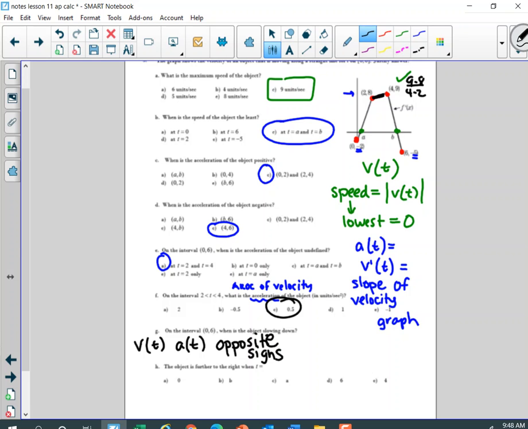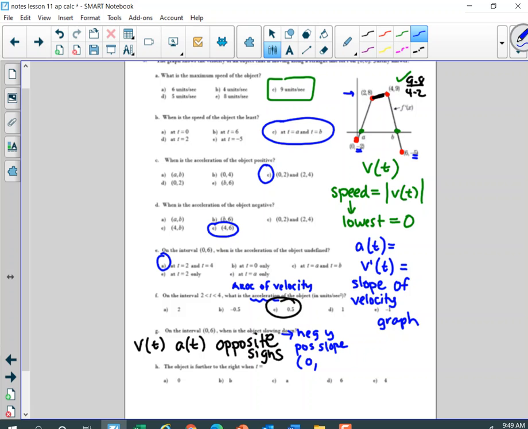So I need positive y's and positive slopes, because my y's are my velocities and my slopes are my accelerations. Oops, no, I'm sorry, opposite signs. Not speeding up, slowing down. So positive slopes with negative y's. Okay, so y's that are negative with positive slopes.